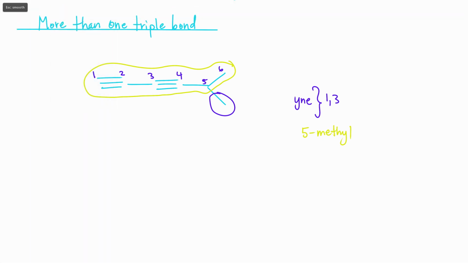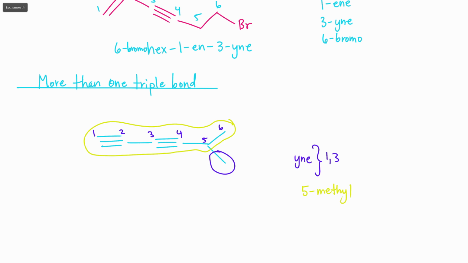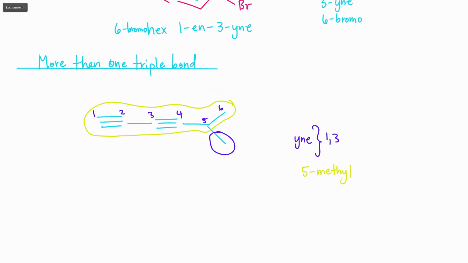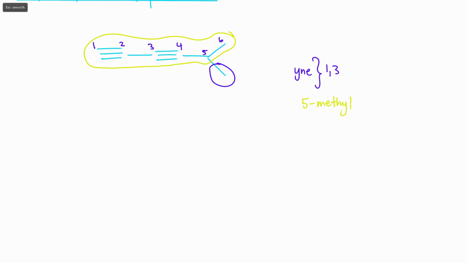So we have 6 carbons. This is going to be 5-methyl.